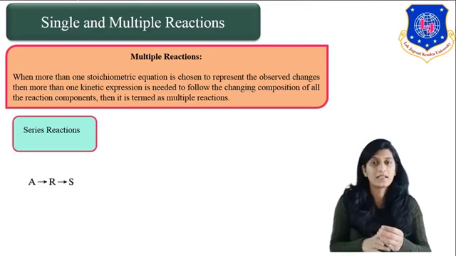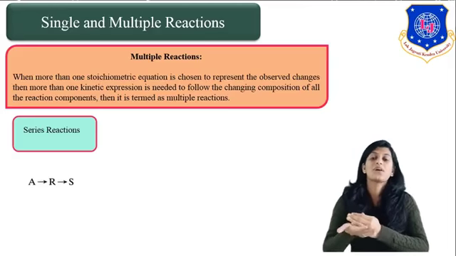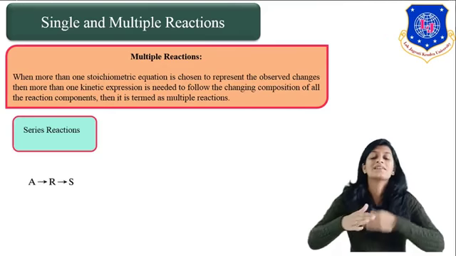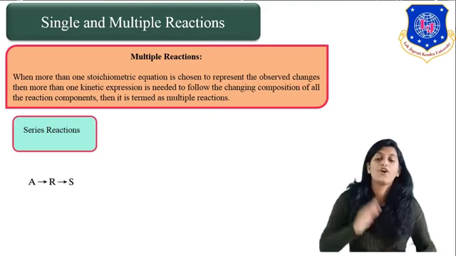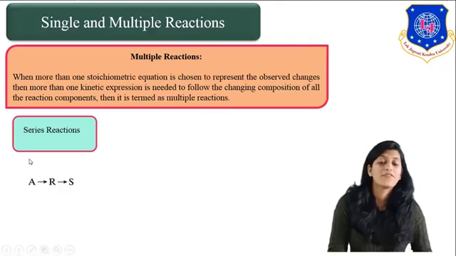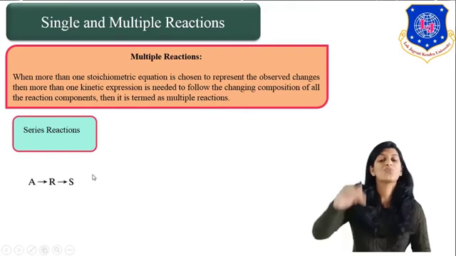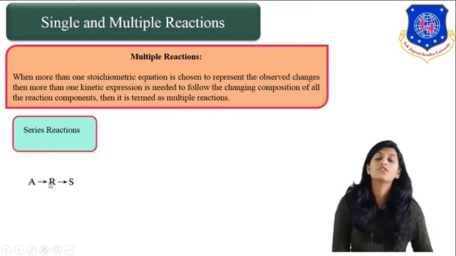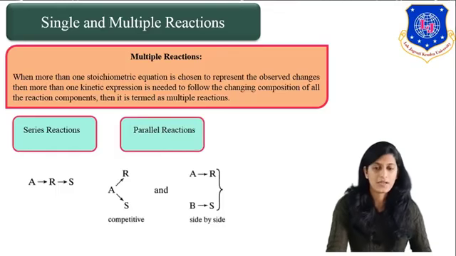So what is happening is reactant A is initially converted into some intermediate product which is R, and that R is again reacting and then giving you the final product which is S. So for this case it is a multiple reaction, because we are feeding A and withdrawing S, but in between there is one more step, that is formation of R and formation of S from R, right.